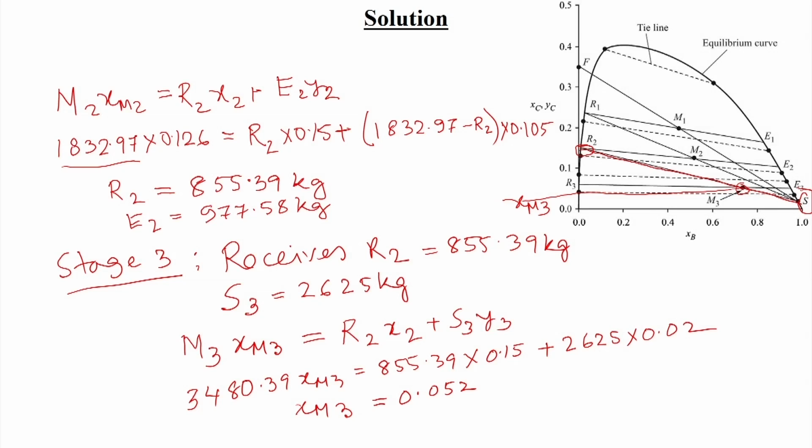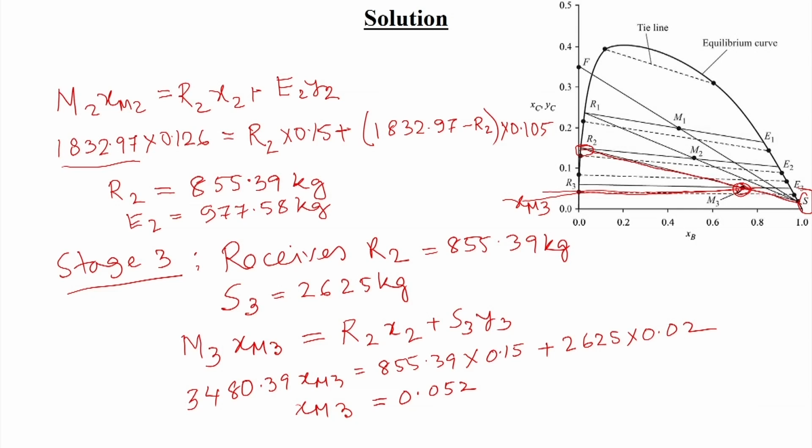Now we have this point M3. We have R2 and S, and we have XM3. If we extend this, we can say the XC and YC axes. When it touches this R2S axis, from there we will get the point M3.